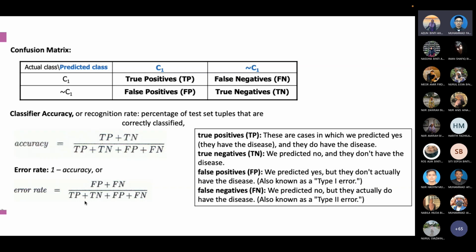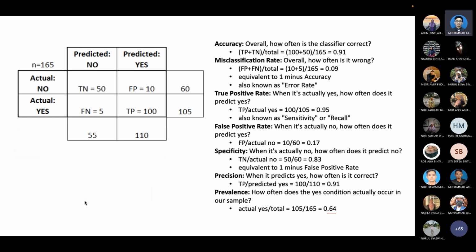False positive, predict sebagai yes, but they don't actually have the disease. And false negative, predicted no, and actually they do have the disease. And this is the formula untuk you calculate the positive rate, specificity, precision and prevalence.